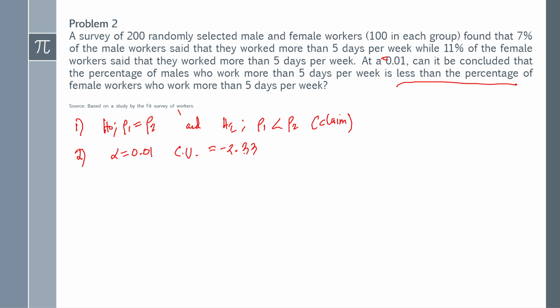So the next step that we're going to do is we need to find the sample proportions 1 and 2, the pooled proportion and the pooled q. So let's start with, okay, we have to find first what is the value of our x sub 1.